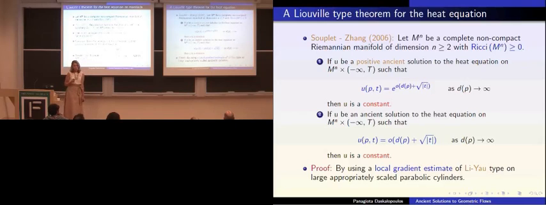They show these Li-Yau type differential Harnack inequalities in the parabolic setting, and they apply such differential Harnack inequalities on larger and larger parabolic cubes, and they take the limit. And they end up that, because of scaling, the right scaling, something is constant. So once you have this local gradient estimate, it's pretty standard to do it.